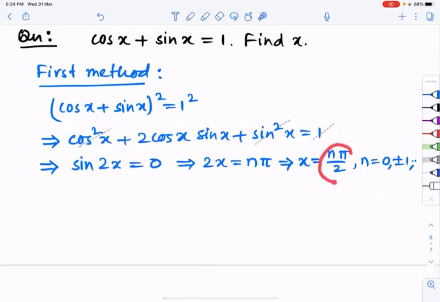I have got this solution. This is a general solution. The value of n can be either 0 or plus minus 1 or plus minus 2, those type of numbers. If I put those numbers, what will happen? If I put n is equal to 0, I will get x is equal to 0.